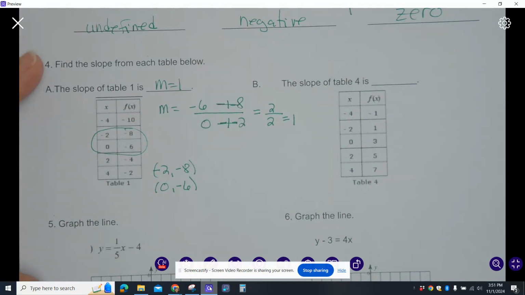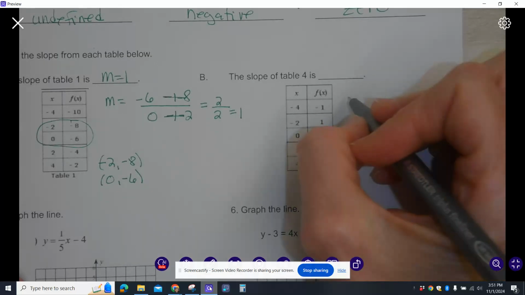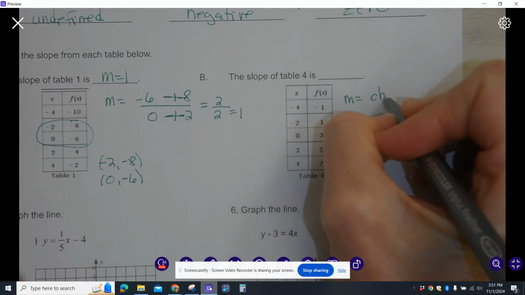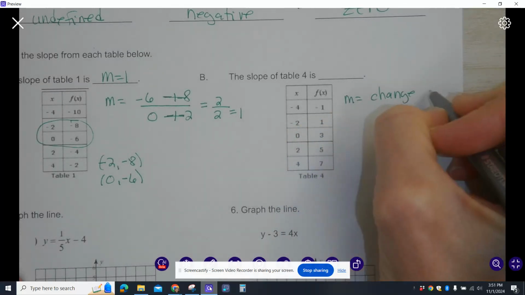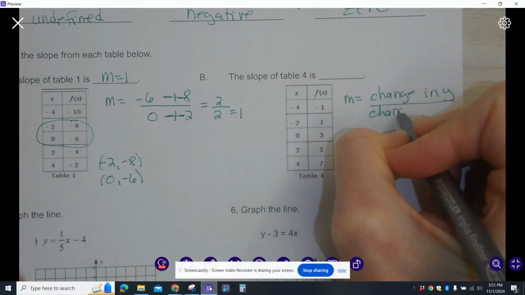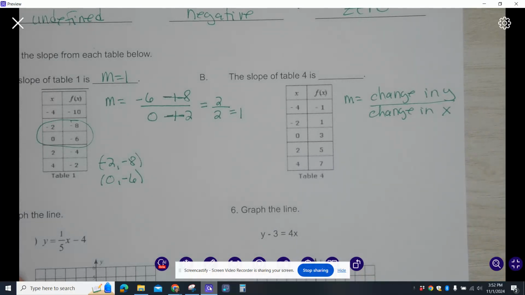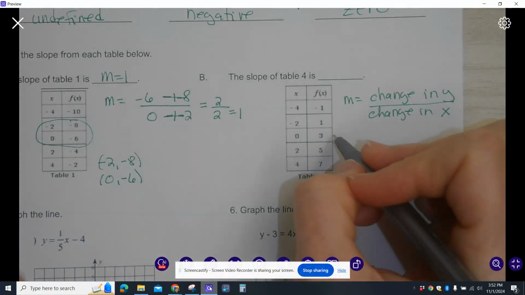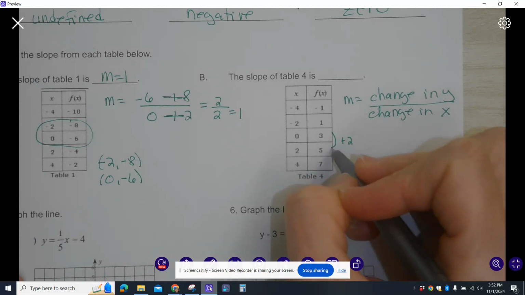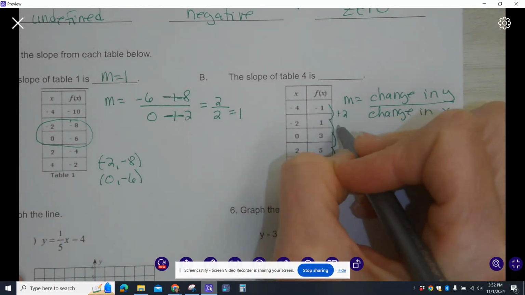The other method you can use when you have a table of values is to divide your change in y by your change in x. This is in your notes when we first defined slope. So if you look at these, it looks like my y values are going up by 2 every time.